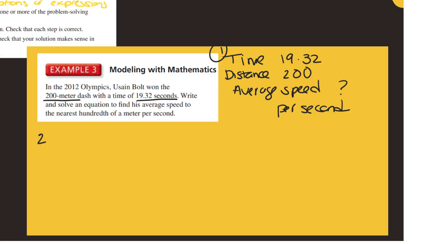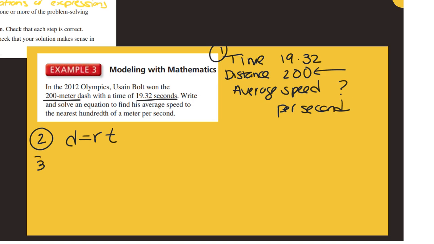Now step 2 is make a plan. If we know we're dealing with distance, it tells us right here, we should use the distance formula. In the distance formula, if we recall, it is D equals R times T. So we're going to rewrite the distance formula. We already have what D is, which is 200. We're going to solve the problem now.